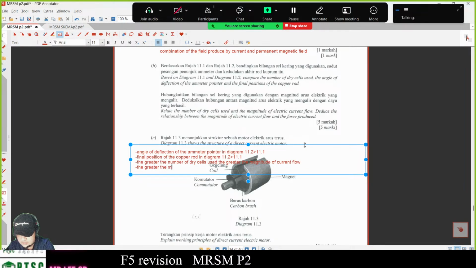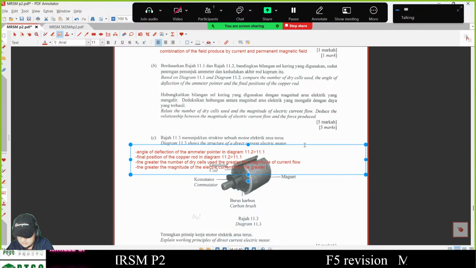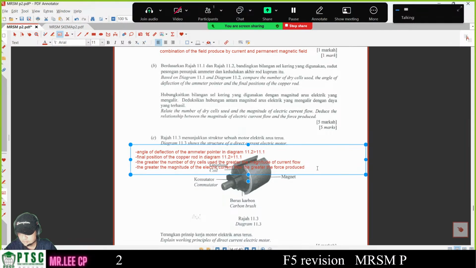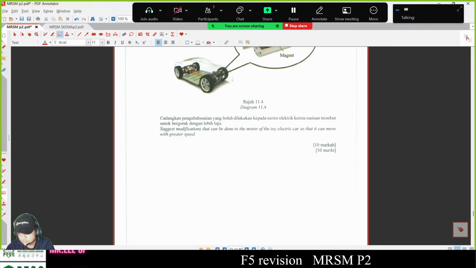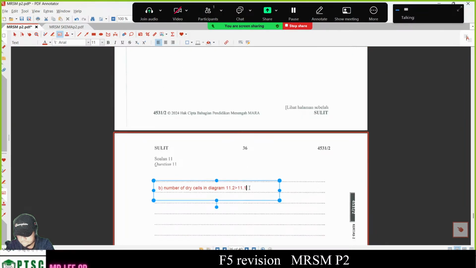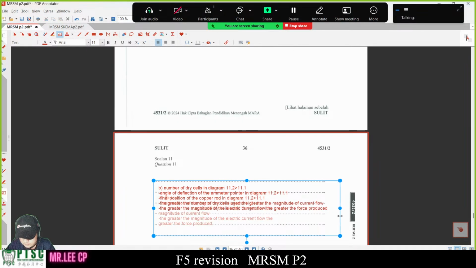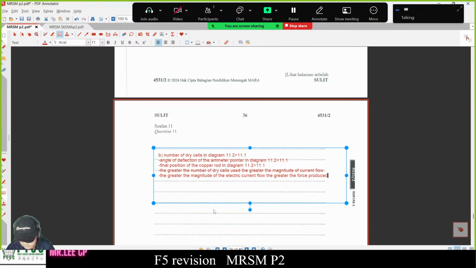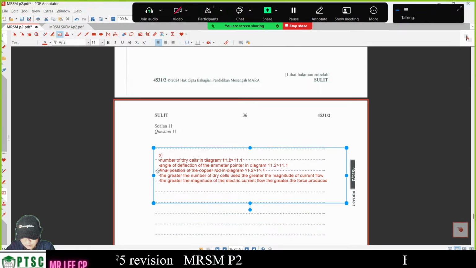The greater the magnitude of the electric current flow, the greater the force produced. Okay, 1, 2, 3, 4, 5.